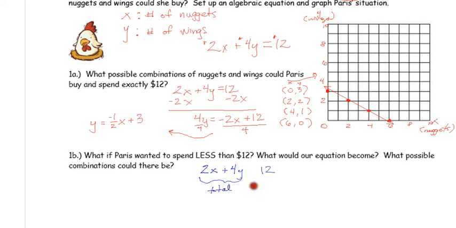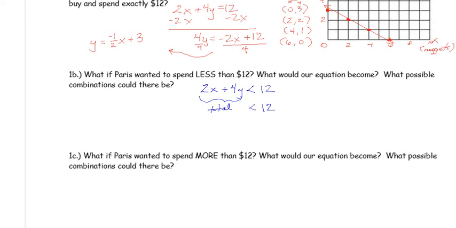If I want my total to be less than $12, all I have to do is change that equal sign to an inequality, a less than sign in this case. So in order for us to spend less than $12, we change it from an equation to an inequality. So we've got 2x plus 4y is less than 12.